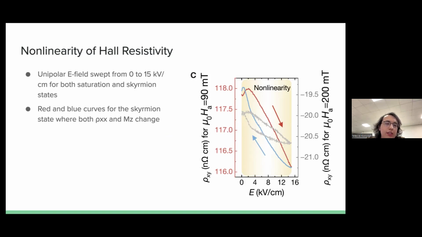In this skyrmion state, both the Hall resistivity rho xy and the magnetization behave nonlinearly with the input voltages. We got that from this slide and the previous slide, implying a better performance on the strain-mediated RC system. This can be expected to be better than the saturated magnetization state.